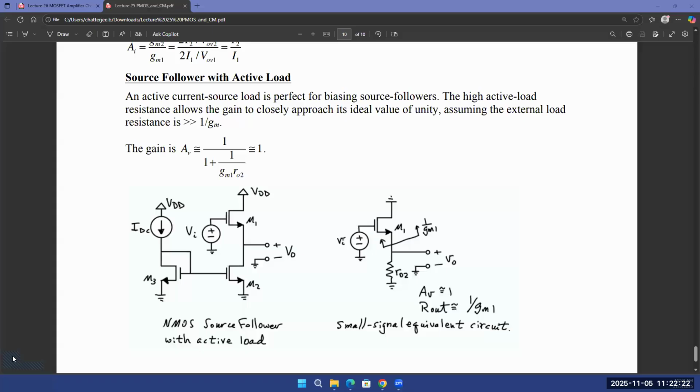You can use MOSFETs as capacitors and so on. So for example, when we talked about the source follower, how does the source follower look like? You apply your input at the gate, and you have some kind of a resistance here, and you see your output at the source. So this is how the source follower looks like.